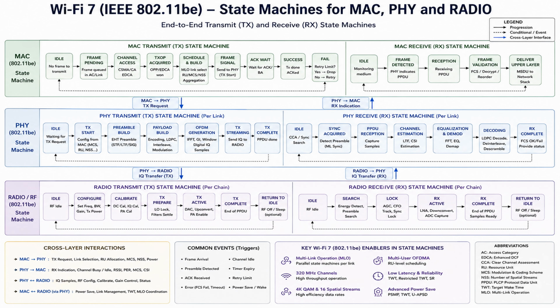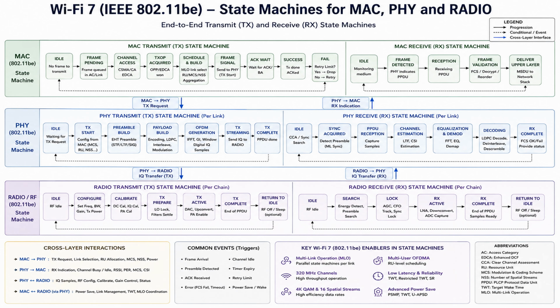At the bottom is the radio layer, labeled per chain, and that distinction matters. Wi-Fi 7 supports up to 16 spatial streams, so you have a separate RF chain state machine for each antenna path. The radio transmit flow is about getting analog hardware ready.